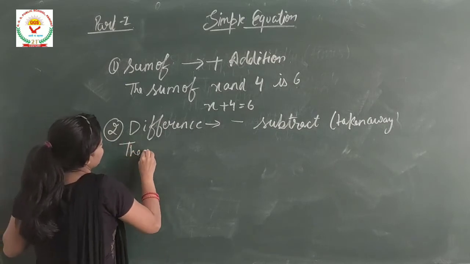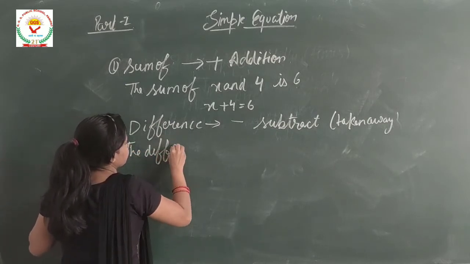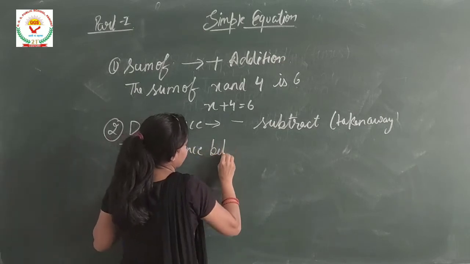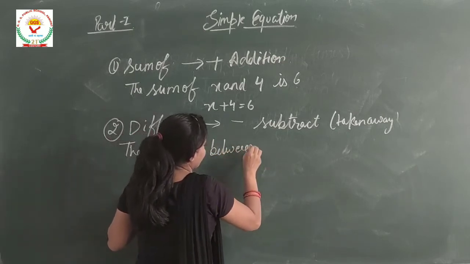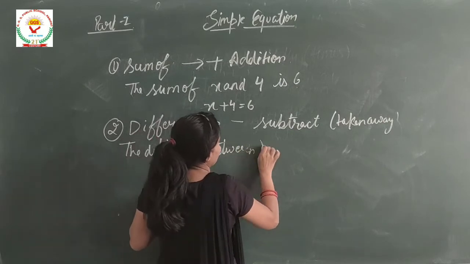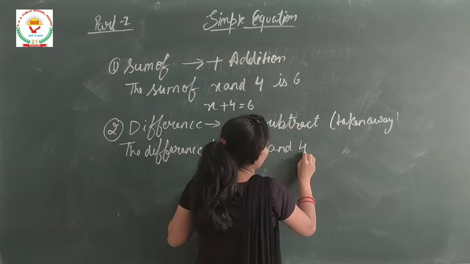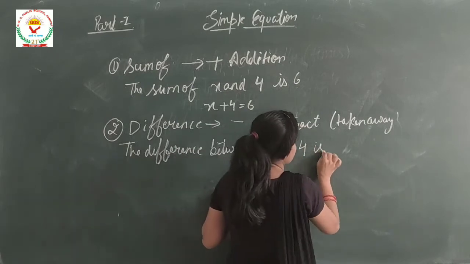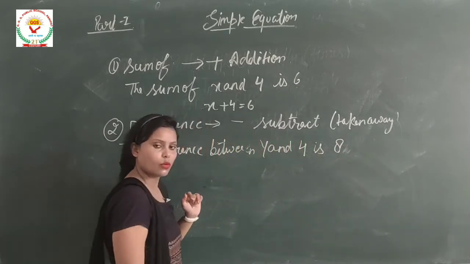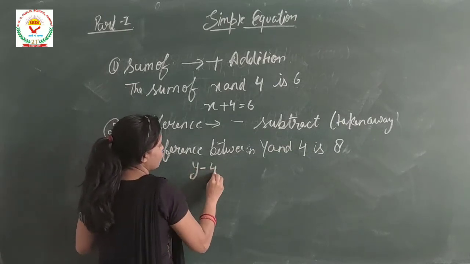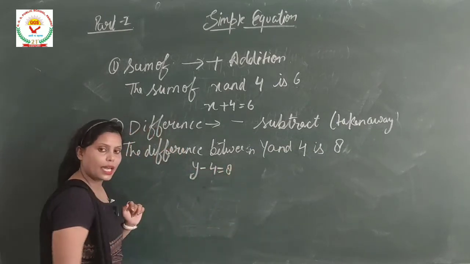The difference between y and 4 is 8. That means y minus 4 is equal to 8.